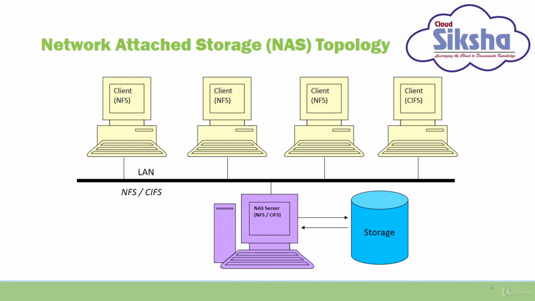Now all of them have access to this NAS server, and the NAS server is the one which has all the storage with it. So what they do is they mount the NAS server's directory as if it is their own directory, and then they use it.